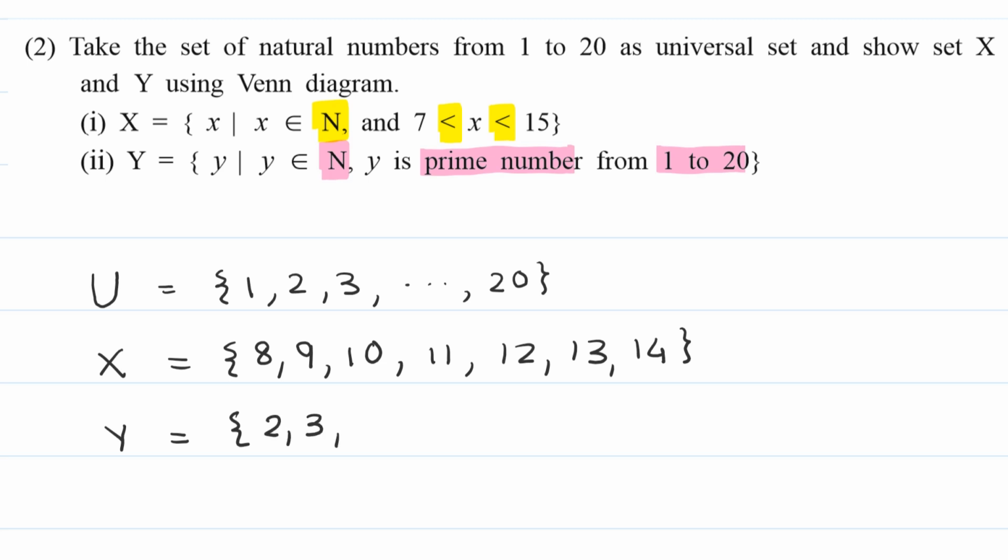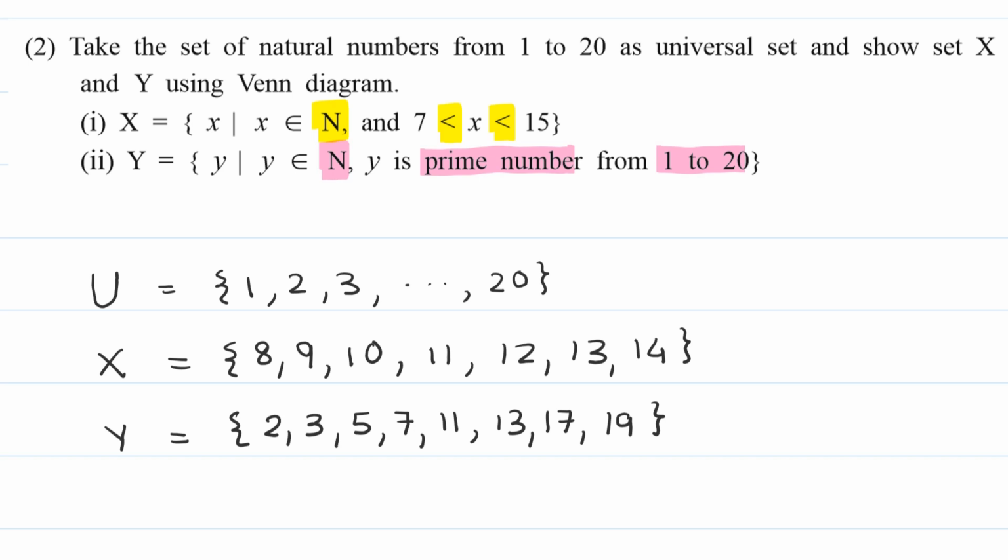Next are 3, 5, 7, 11, 13, 17, 19. Y is the set of all y such that y belongs to N and y is a prime number from 1 to 20.